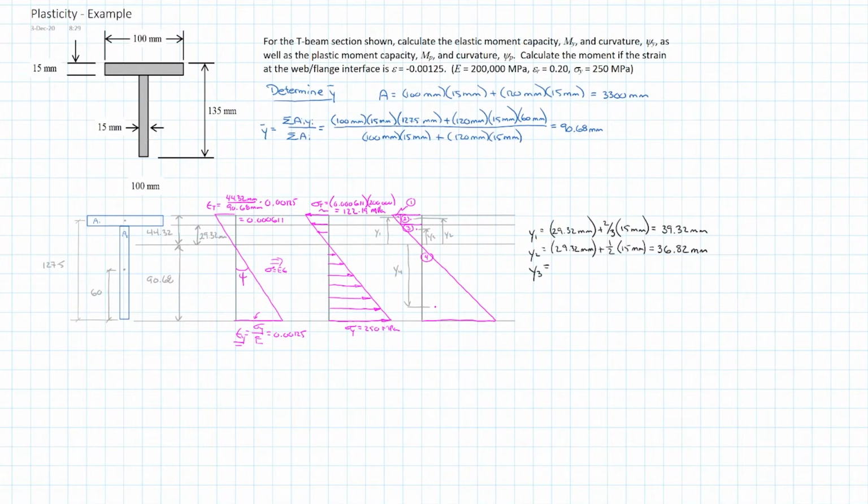Y3 is equal to 2/3 of the distance between the neutral axis and the bottom of the flange, or 19.35 millimeters.